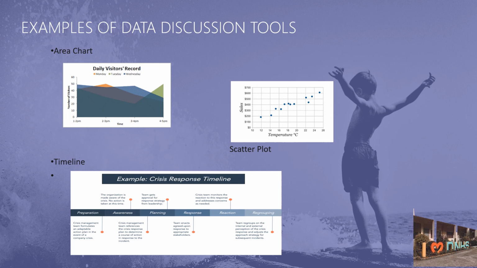And when the scatter is so diverse, then that means there is much problem with developing similar skills among students. Okay, and then in here we have the timeline, which will be the crisis response timeline. This could be very appropriate for, let's say, if you're dealing with teenage pregnancies or with bullying and etc.